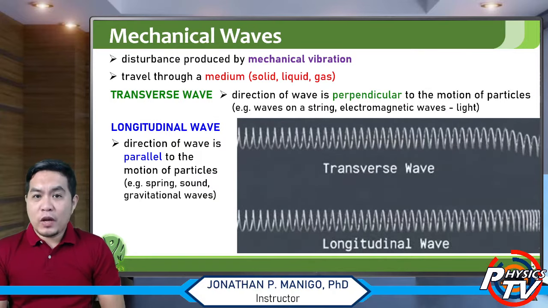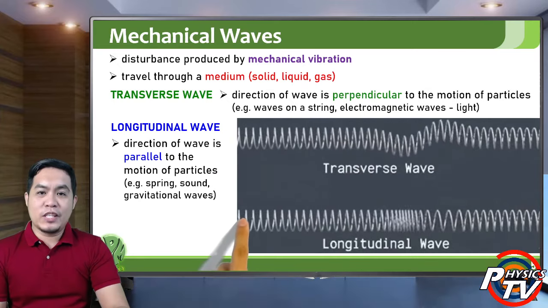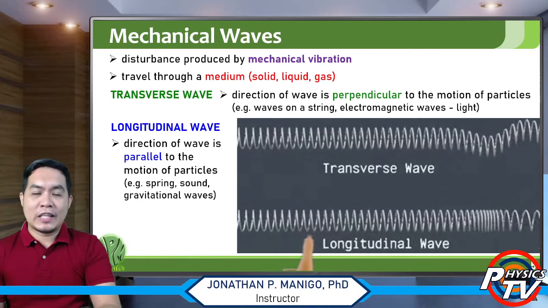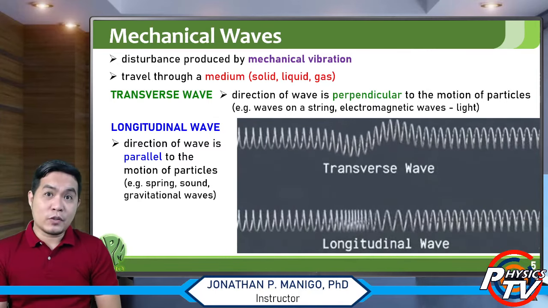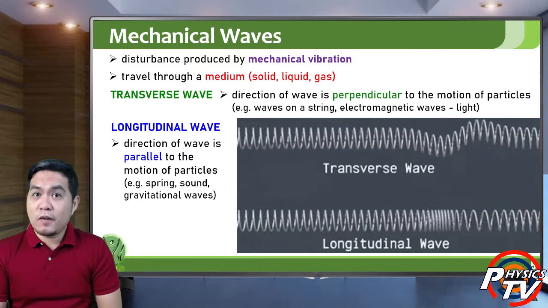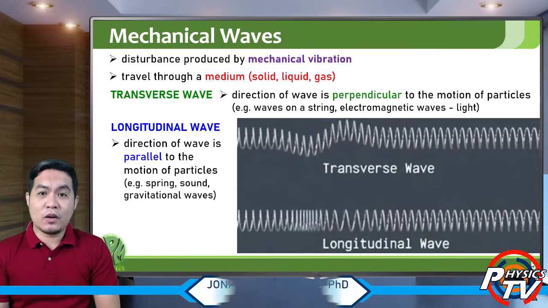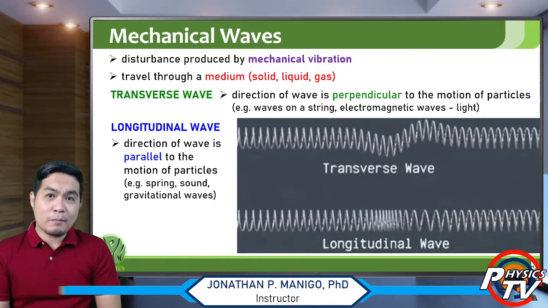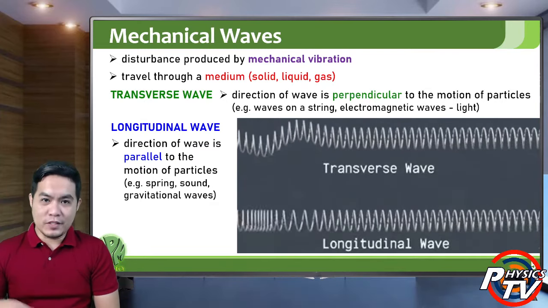A longitudinal wave, on the other hand, is if you jiggle the spring left or right, you will create a wave that is also moving to the left or right. So the motion of the particles of the spring is parallel to the direction of the motion of the wave. So that is what we call a longitudinal wave. So sound waves and gravitational waves are examples of longitudinal waves.